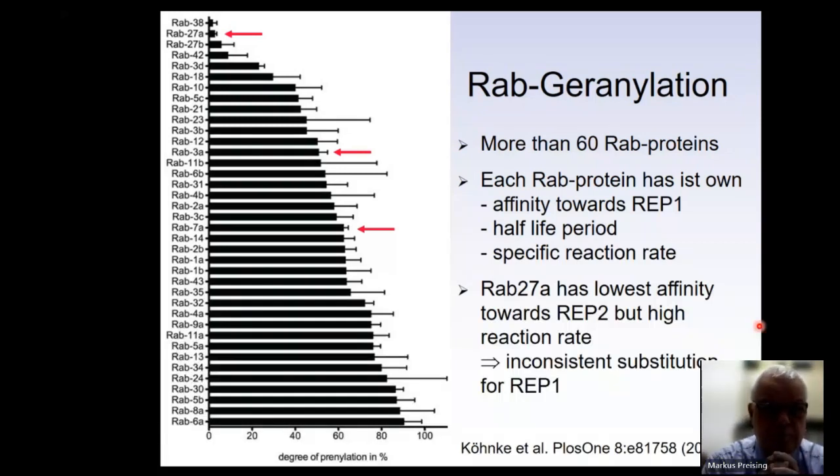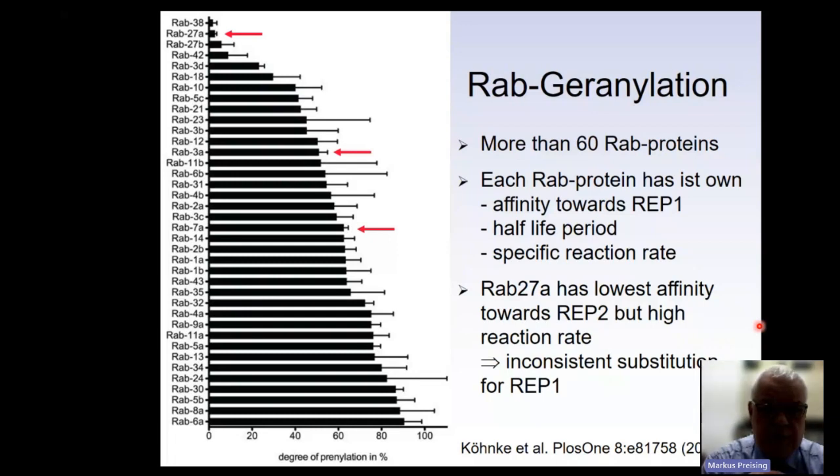The question at least is, how can we support the function of the Rep1 protein if it is not active anymore? And as I told you, Rep2 can substitute this function for some of the Rep proteins.